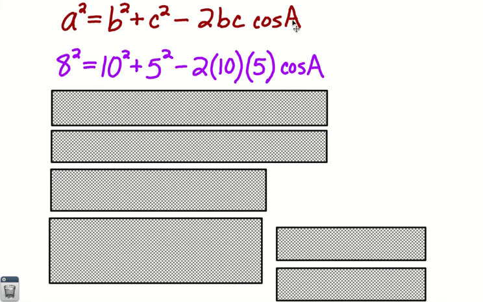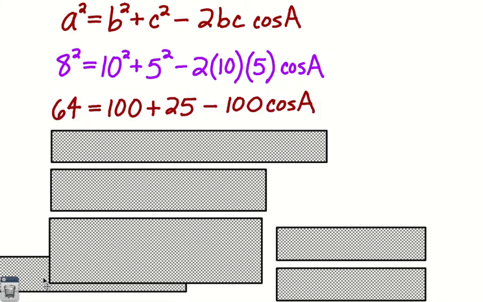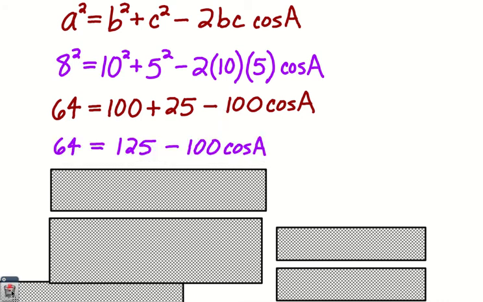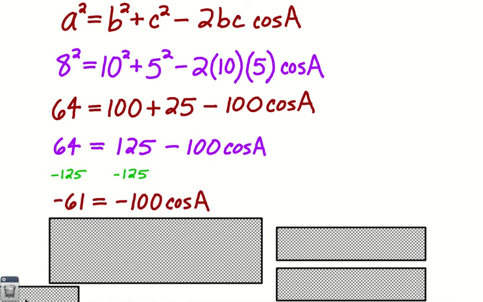I'm going after angle A here, and you plug in what you know, and just make sure that at the end of the day you are dividing both sides by negative 100. You are not mixing all these numbers together. That would be wrong. So you can add these together and then subtract to the other side.